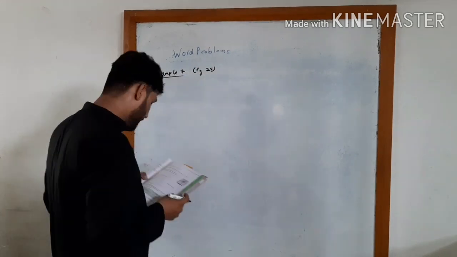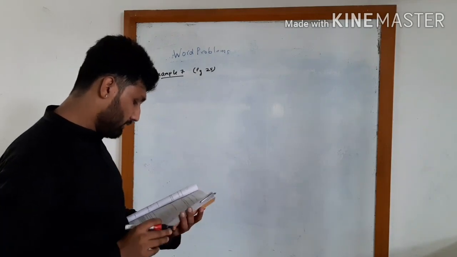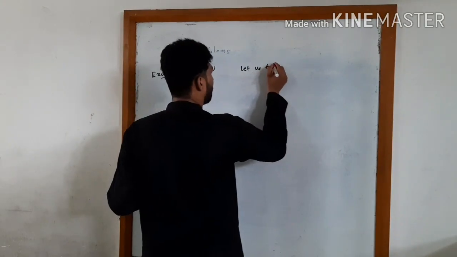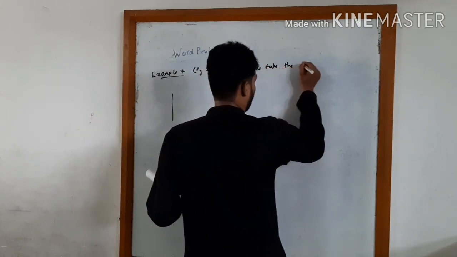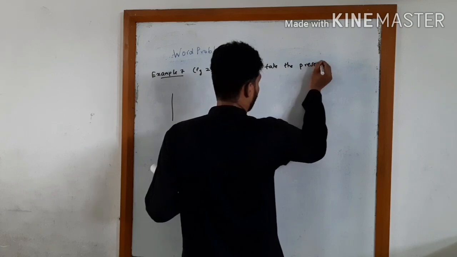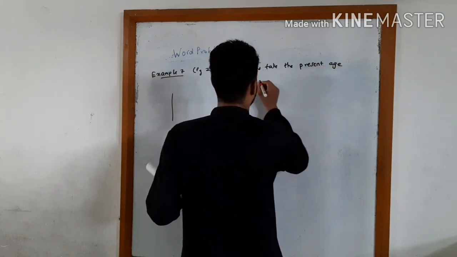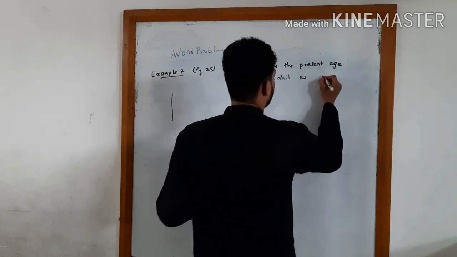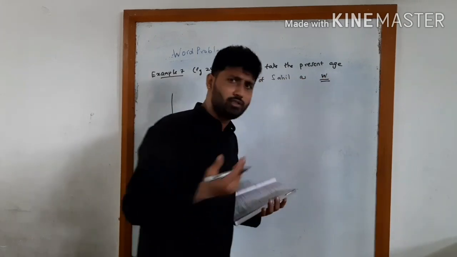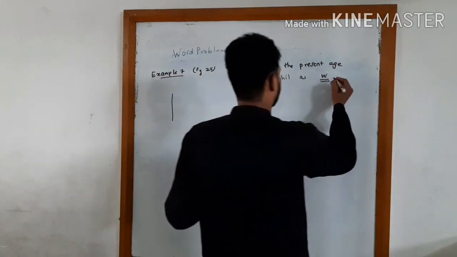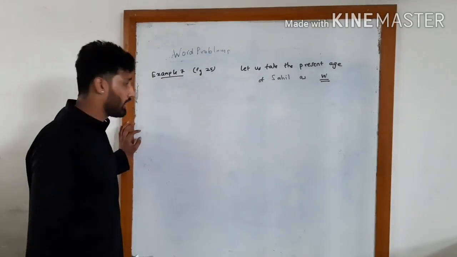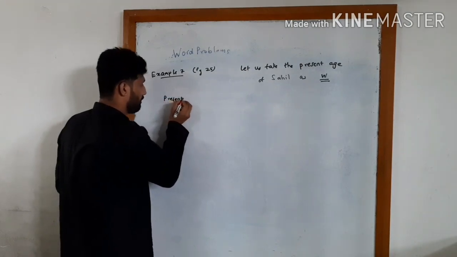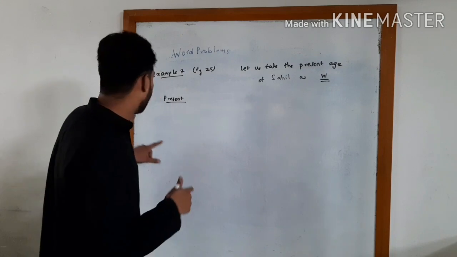So, the present age of Sahil's mother is 3 times the present age of Sahil. Let us take the present age of Sahil as W, just to write some different variable. Sahil's age is W right now, right? Present means the current time.